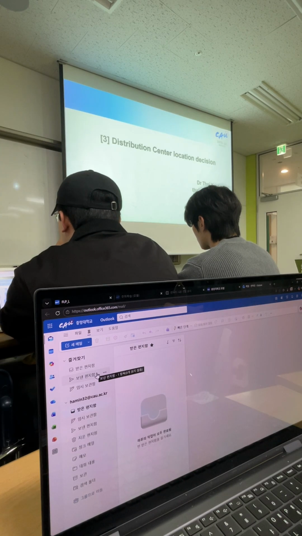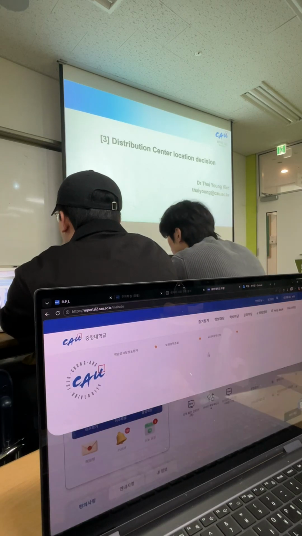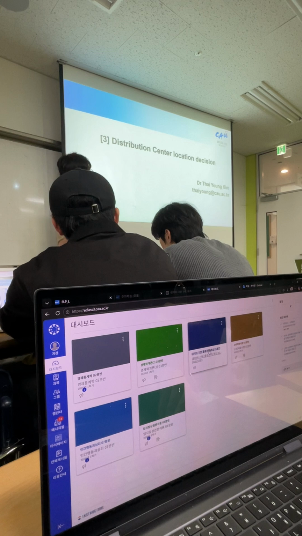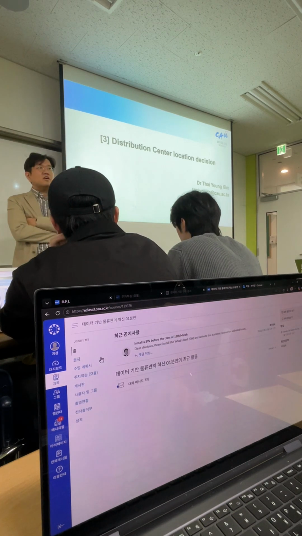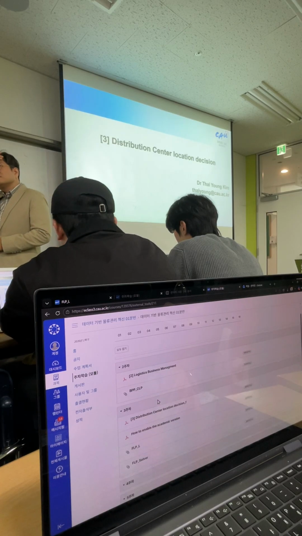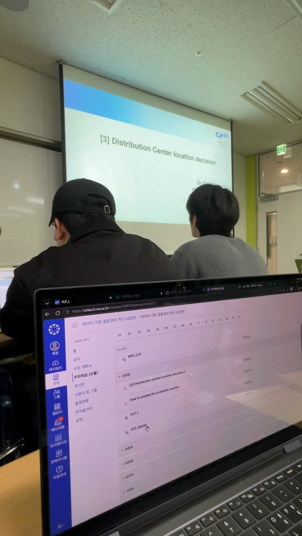So today's class session title is Distribution Center Location Decision. There are various types of decision making in logistics. The first one starts with the location decision.